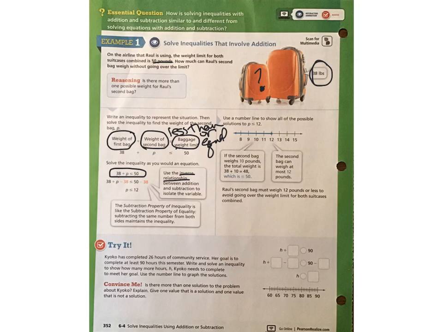So on both sides of this inequality, we're going to take away the 38 to see how much the bag could weigh. And in this case, the second bag could weigh up to 12 pounds. So 12 is what we call our reference number. Okay, that's the most that the bag can weigh.